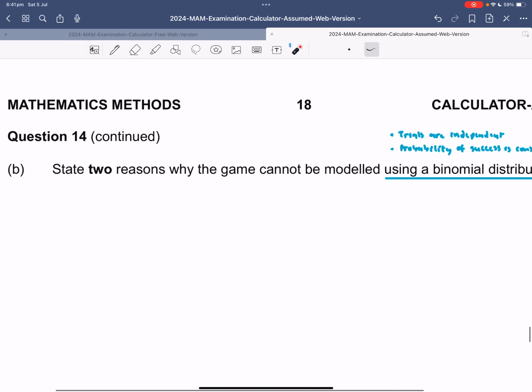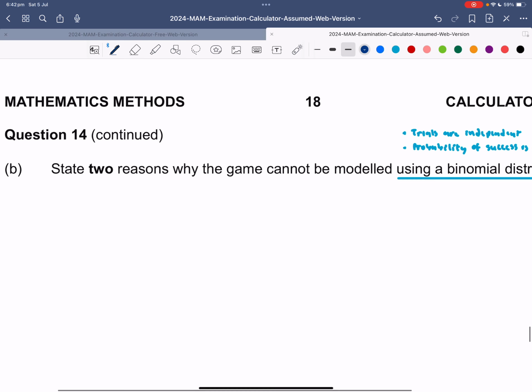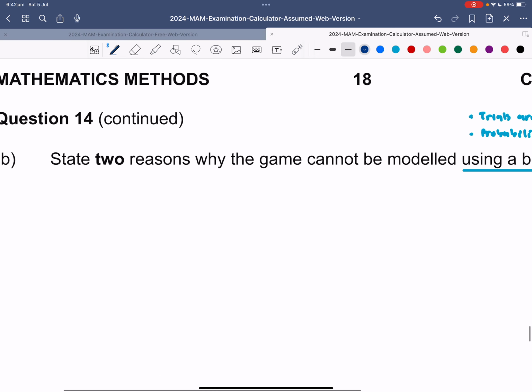So what are 2 reasons why the game cannot be modeled? 1, we can explain that the trials are not independent. The trials or rolls are not independent.